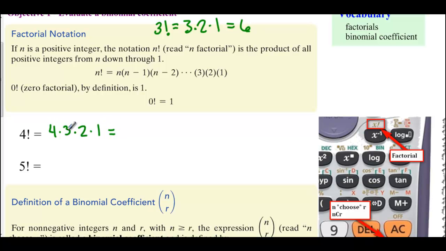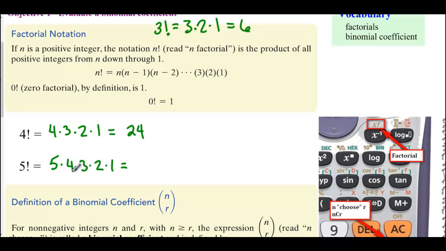So 4 times 3 is 12. 12 times 2 is going to give us 24. So not too bad. And 5 factorial is not that bad by hand either. So 5 times 4 times 3 times 2 times 1.